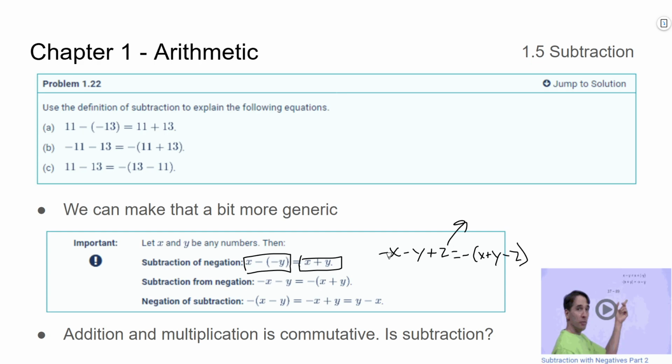So what I should have done when I extracted out this negative sign was flip the signs of everything. So this is a negative x. Remember, I was talking about the difference between negation or negatives versus subtraction. So these two are different. So we're flipping the sign of this x, which becomes positive x. So this y is positive, but we're subtracting. So now instead of subtracting a positive y, we're going to subtract a negative y.